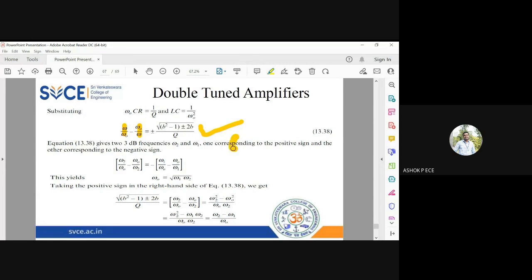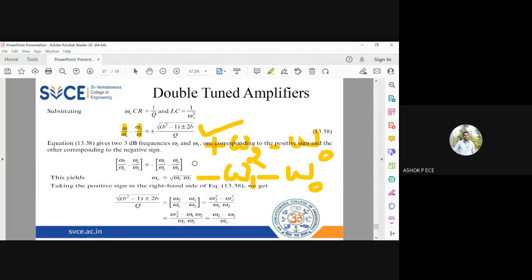So when you subtract omega 2 minus omega naught, it is going to be a positive number. And omega 1 comes before omega naught. So when you subtract omega 1 minus omega naught, it is going to be a negative number. So for omega 2 it is going to be plus, and for omega 1 it is going to be minus.